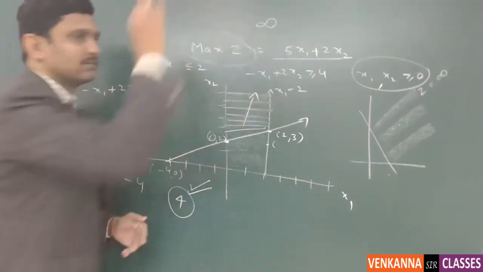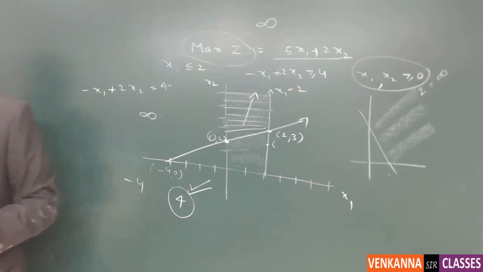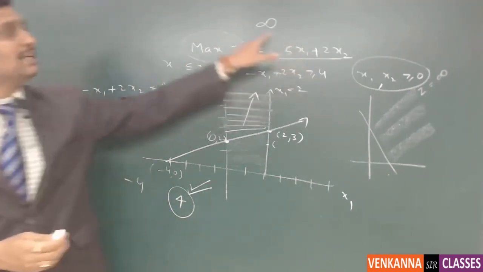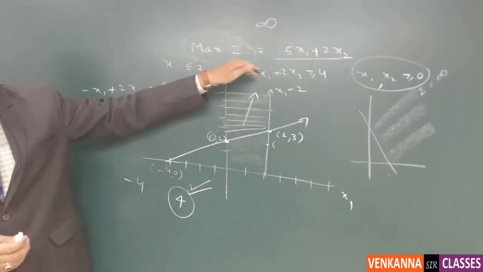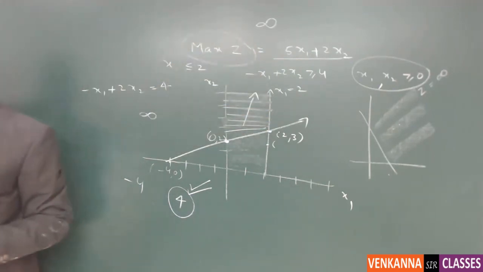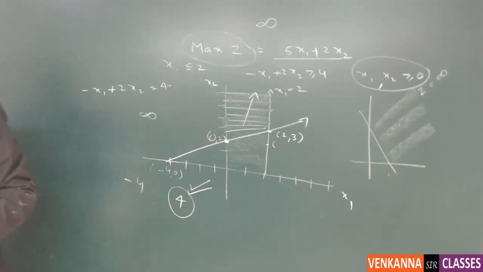Accepted? So here I am saying that if the objective function contains the negative sign, this is not possible even though the space seems to be unbounded. That is my idea. Is it fine now? Thank you. If it is clear, I go with the next problem.